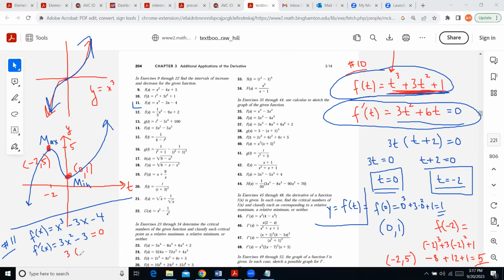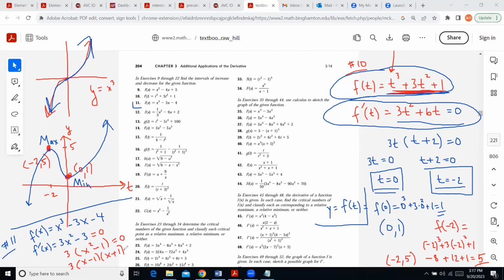So if you take out 3, then x squared minus 1 will be what you need to factor. And if I factor that out, then I'm going to get 2 parentheses. One is x minus 1, and the other is x plus 1.